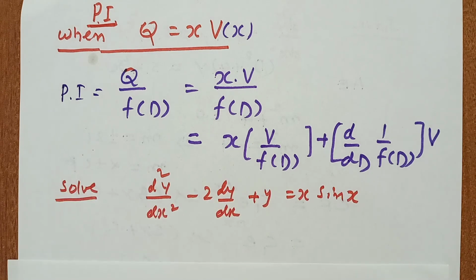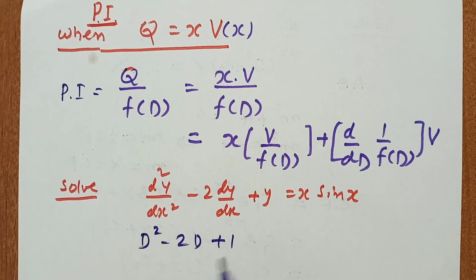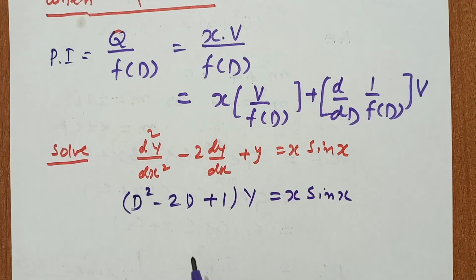So let us suppose this is an example. On the right hand side, x into a function of x. So first we write (D squared minus 2D plus 1) y equal to x sin x. Now this is very easy because the left hand side is very easy; we have solved so many equations.